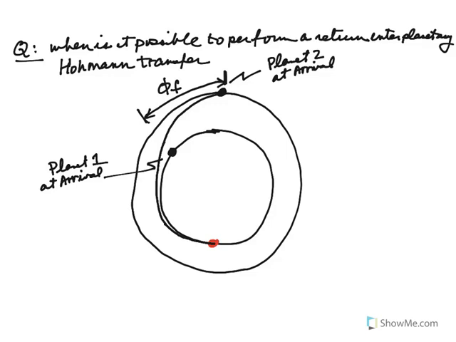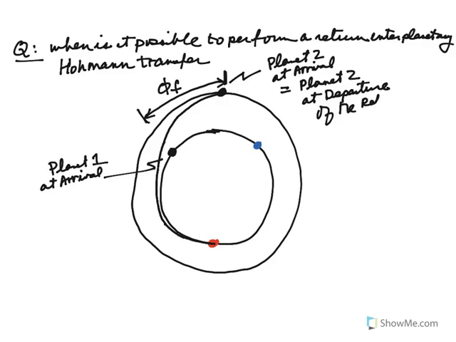So I'm going to mark this one in blue. That has to be this location right here. So what I'm going to do now is I'm going to describe this in a slightly different way. So this was where planet 2 was at arrival, but this also has to be where planet 2 is at departure of the return, right? So that's where planet 2 is at departure of the return.